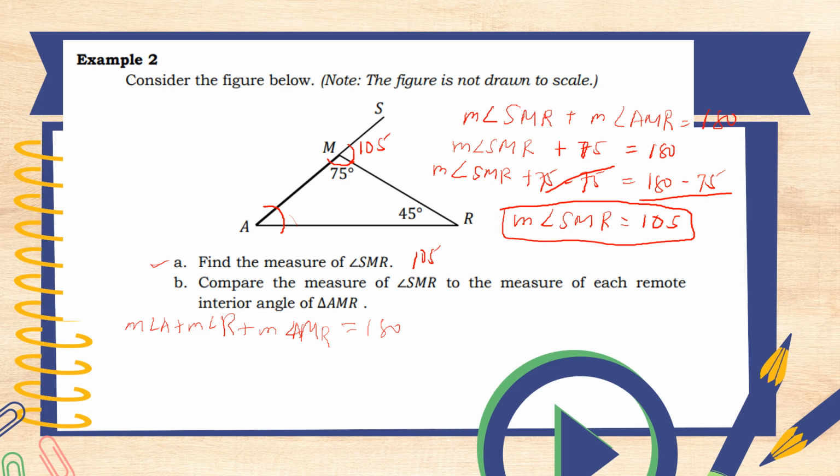Now we have the measure of angle A is unknown, plus the measure of angle R is 45, plus the measure of AMR is 75, equals 180.